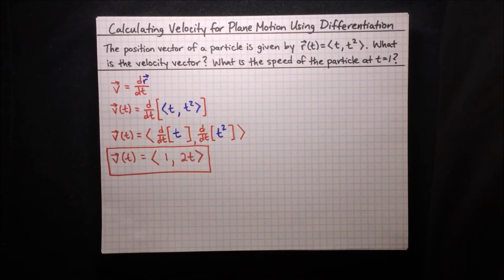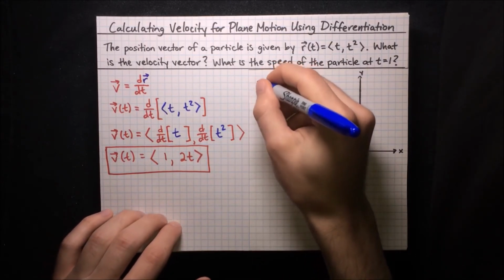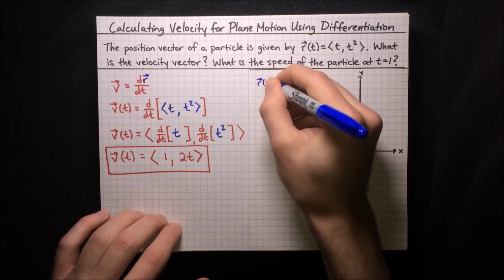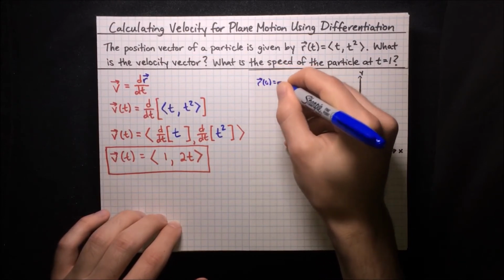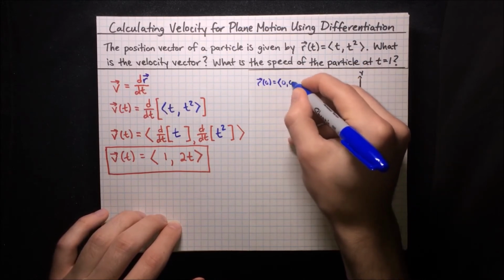Now, before we go on, let's just check that this result makes sense graphically. So let's go ahead and plot the position of the particle on a set of axes. Alright, so to graph this situation, let's start by graphing the position vectors. How about at t equals 0? What is the position vector at t equals 0? Well, position vector is just equal to t, t squared, so 0, 0 squared.